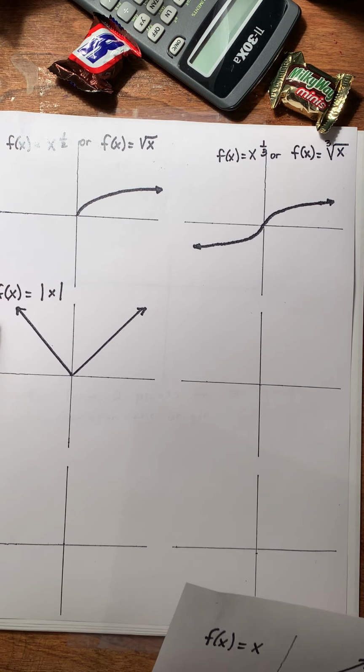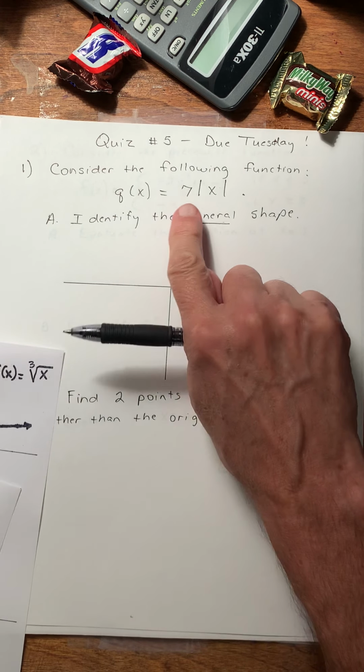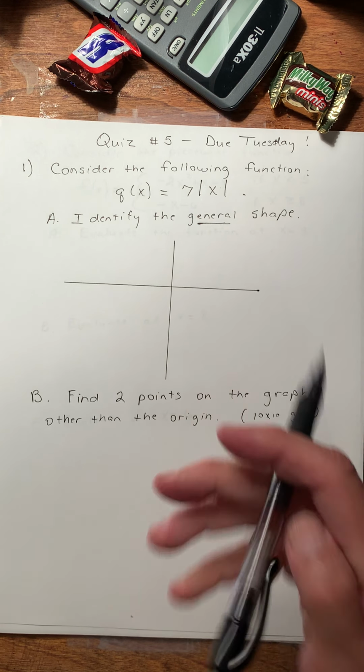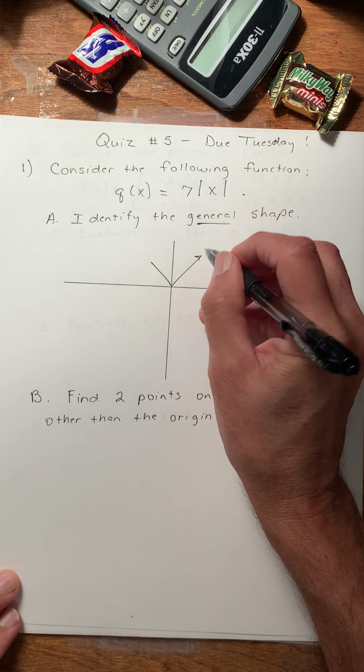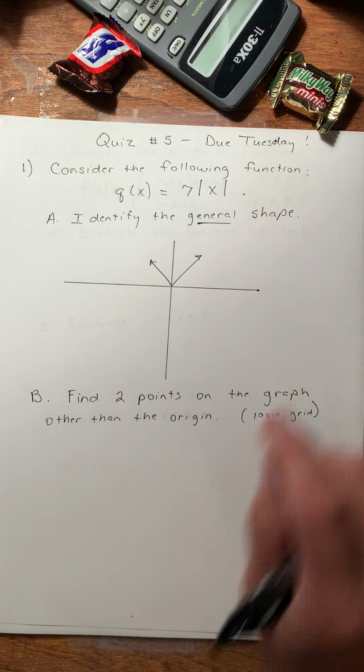The negative of the absolute value of x would be a downward pointing v, but this guy is a positive absolute value of x. So the general shape is what I'm looking for. Hey, it's an upward pointing v. So you're going to choose the option that is an upward pointing v.